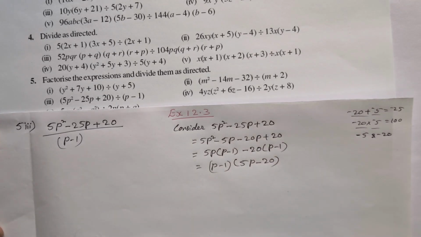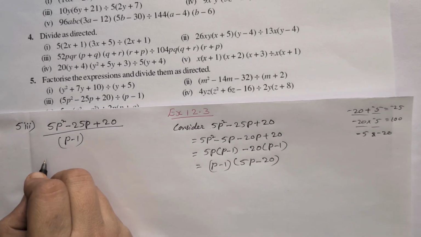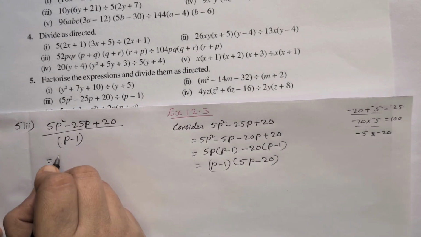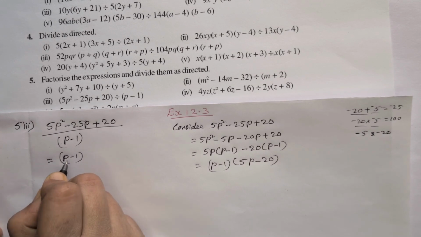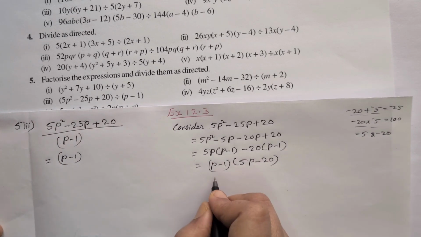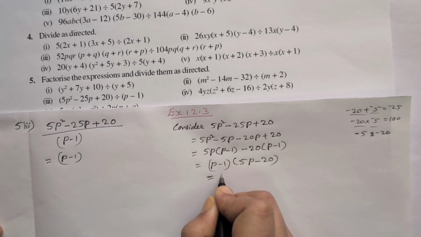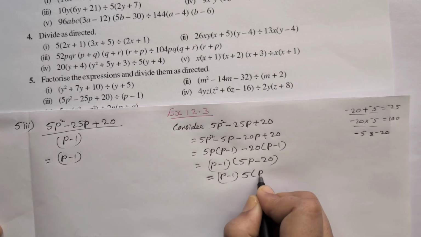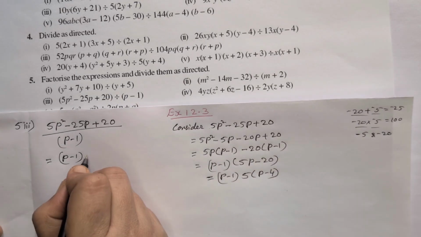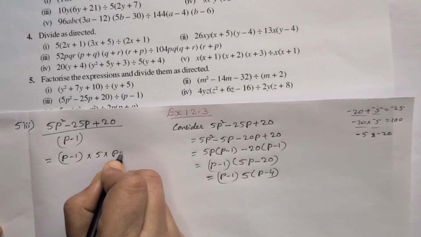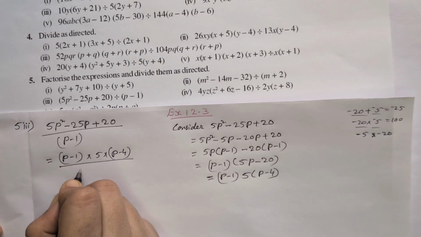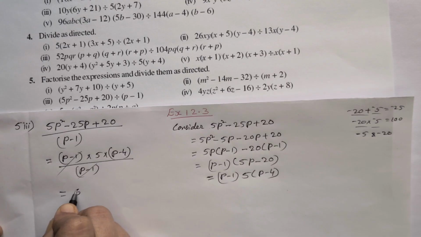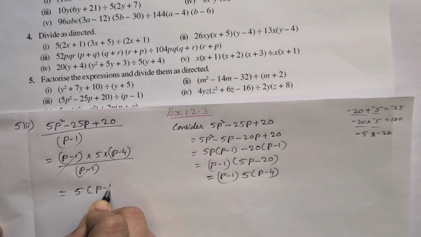Now the given expression we can write, in place of the numerator, as p minus 1 into 5 times p minus 4, taking 5 as common, divided by p minus 1. This p minus 1 we can cancel, so it is equal to 5 into p minus 4.